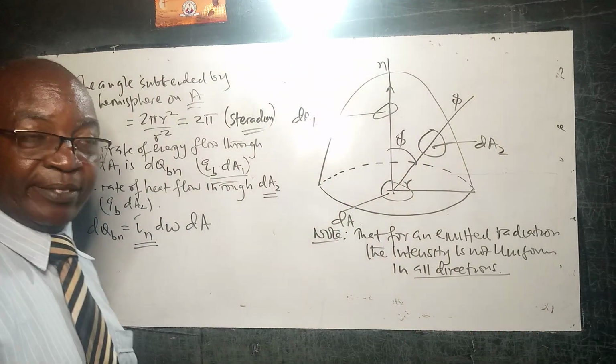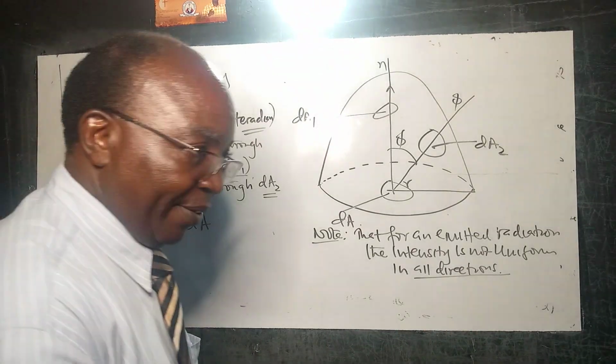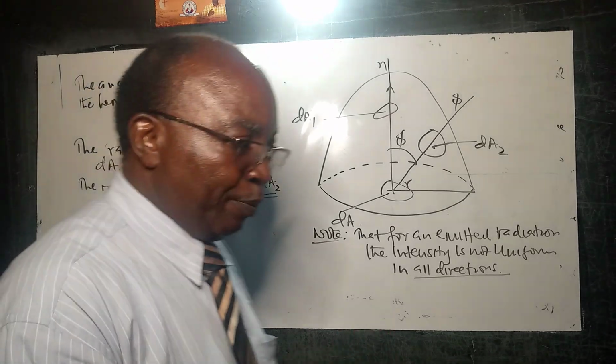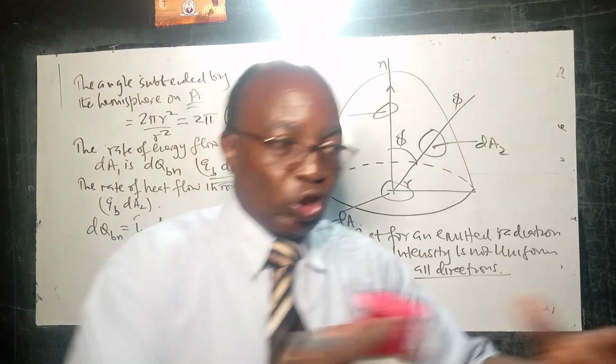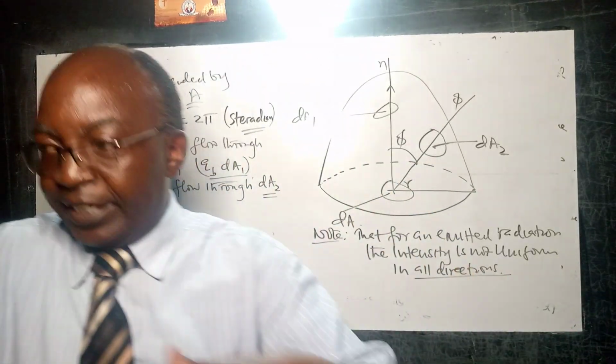They are of different wavelengths. Remember, those electromagnetic radiations are of different wavelengths, so the energy distribution is not uniform across them. It could be uniform in some range, and in some range it is different.